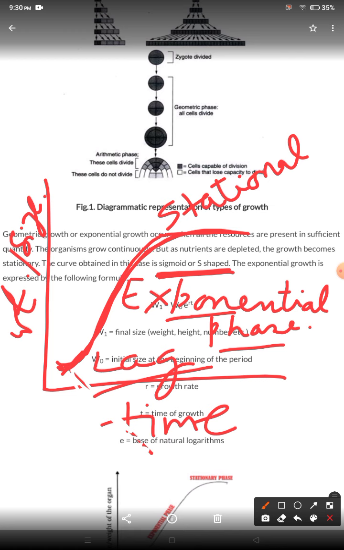The third phase is the stationary phase, when the nutrients are depleted, the growth becomes stationary. So we obtain the sigmoid or S-shaped growth curve.